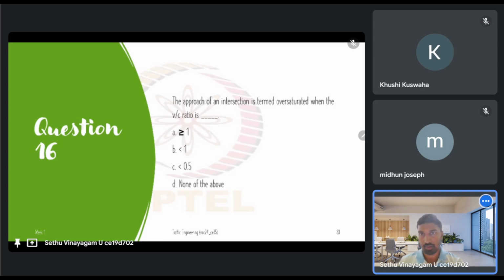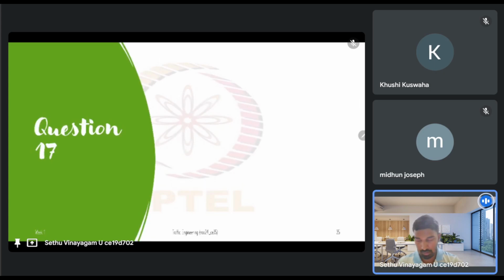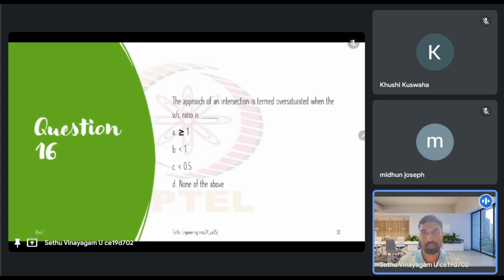All right. So the right answer is option A, that when V by C is greater than or equal to 1, that's when we call it oversaturated, right? So what is V by C ratio? Here V is not speed, here V is the volume of the facility or the roadway, and C is the capacity, right? So we are looking at the volume to capacity ratio, right?